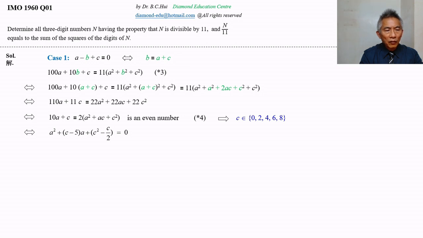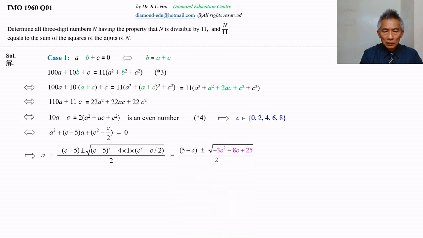Now, from equation 4, we get a quadratic equation in terms of a. We try to solve this quadratic equation. The color in pink is the discriminant, which is minus 3c squared minus 8c plus 25. We call this result equation number 5.